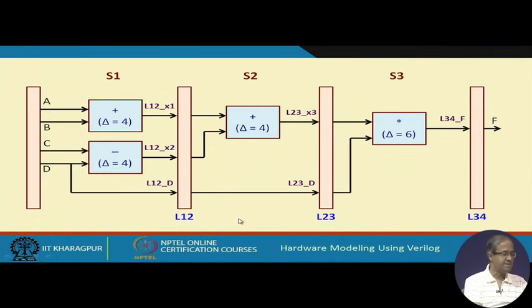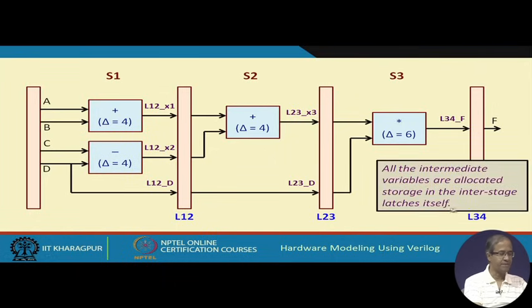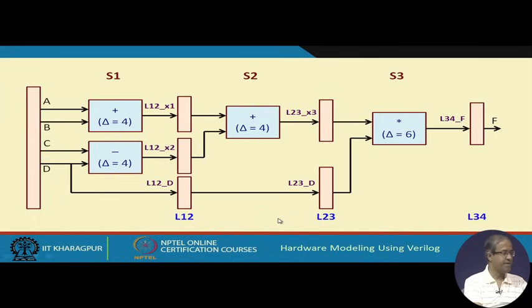Rather, this latch is nothing but storage allocated here itself for the variables x1, x2, D. Similarly, x3 and D will be allocated storage here, and F will be allocated storage here. It is something like this. These are the individual register elements, let us say, or the latches. This latch stores L12 underscore x1, this stores L12 underscore x2, and so on.